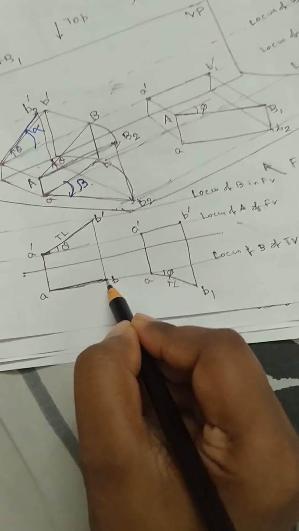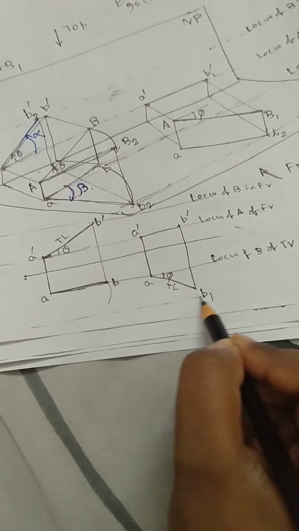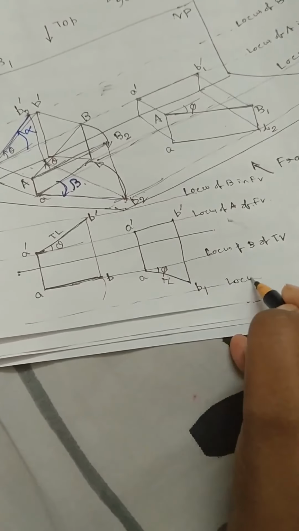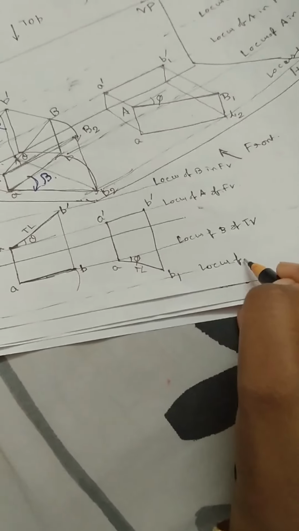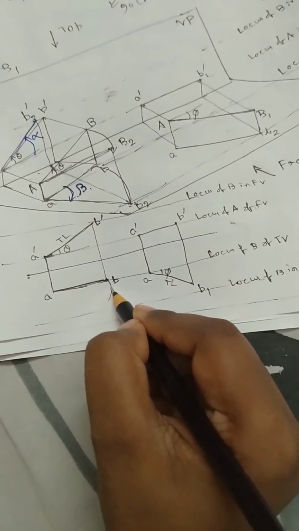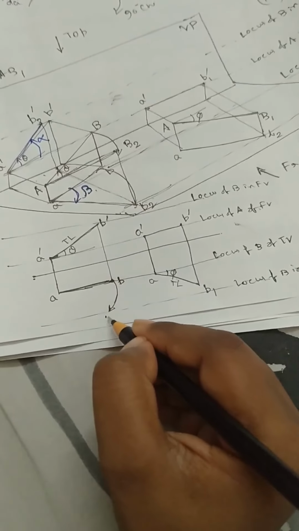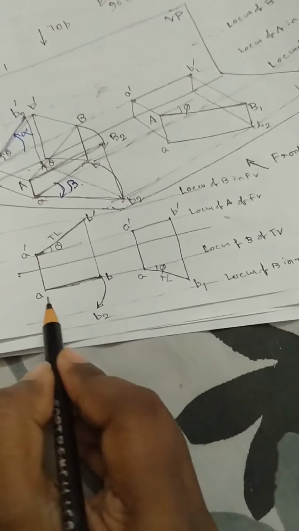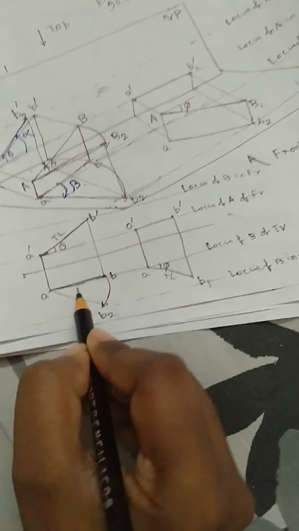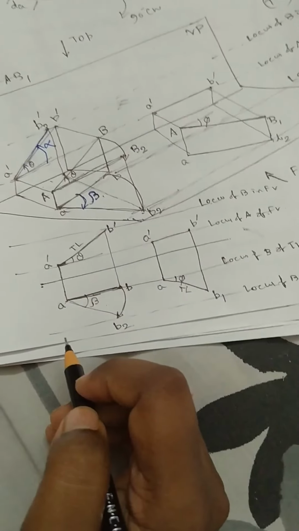You are going to rotate your B point on the locus of B in top view. Here is your B2 point. If we join this line, you will get the beta angle.